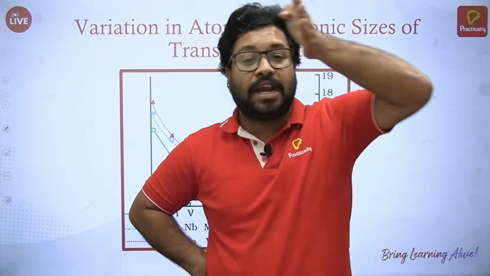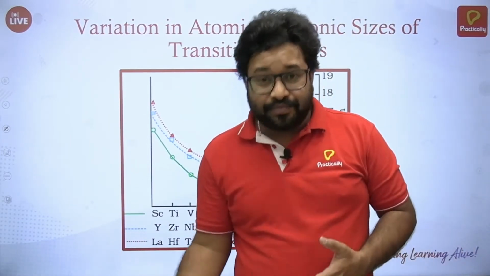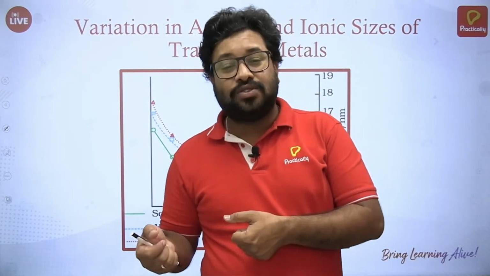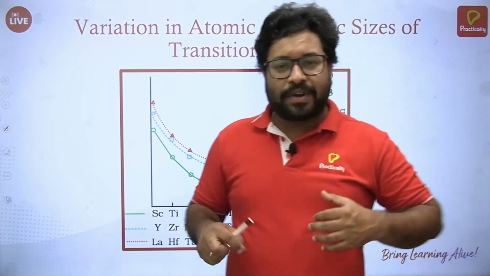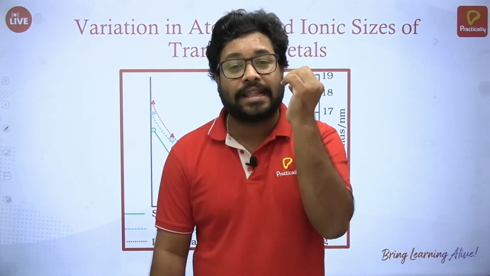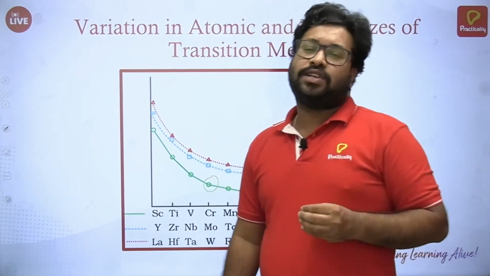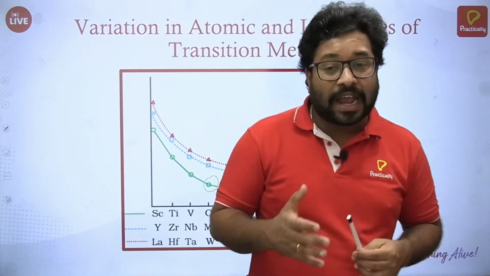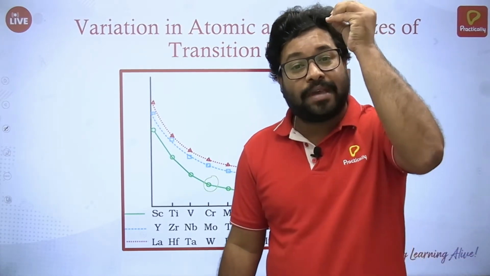Because the 14 F electrons have got added, no. So those 14 F electrons have increased the nuclear charge to a significant level. But those electrons do not shield the nuclear charge. And that is why the 5D elements, though they are present in the next shell of 4D elements, their size is not that much. So basically the lanthanide contraction and actinide contraction, I would rather say lanthanide contraction, is responsible for 4D and 5D elements to have the same size. In fact, sometimes the size is so equal to each other that they form chemical twins.